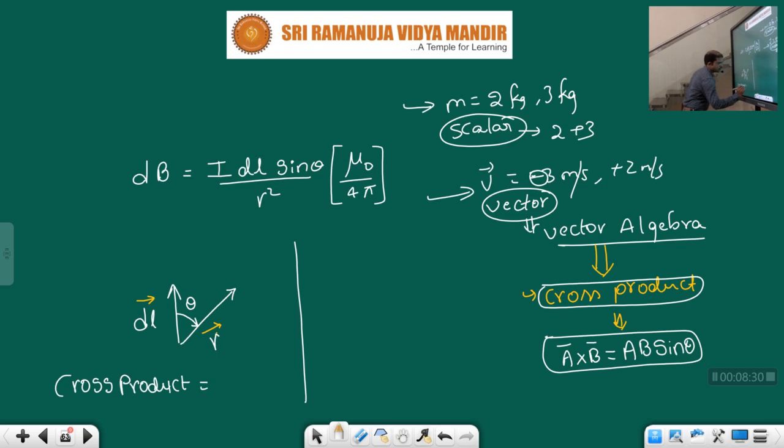Cross product means dl bar cross r bar. See children, a bar cross b bar is ab sin theta. Similarly, dl bar cross r bar is dl r sin theta.